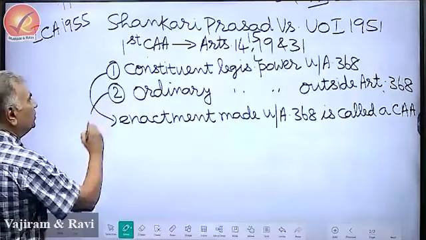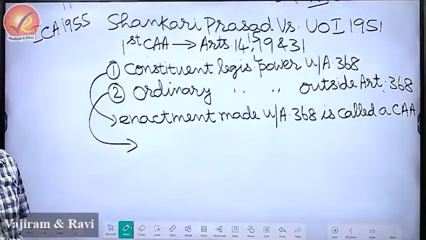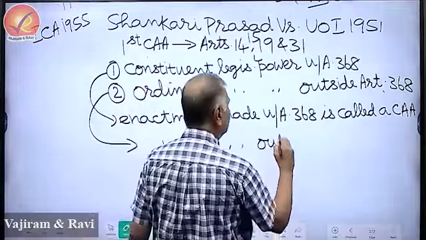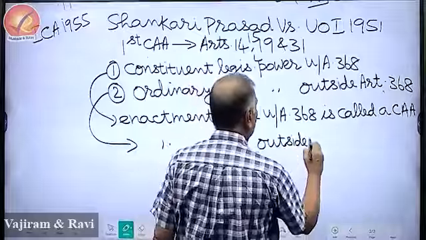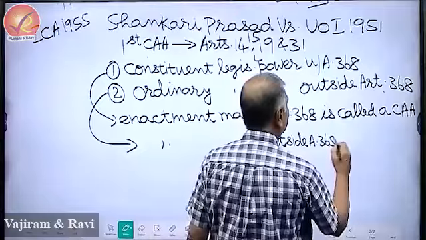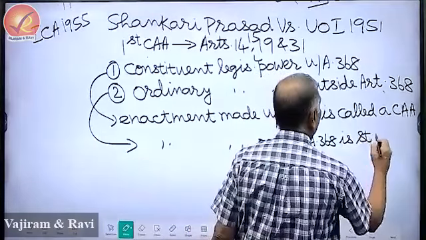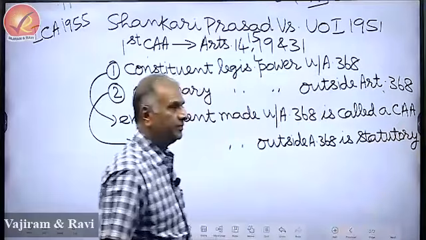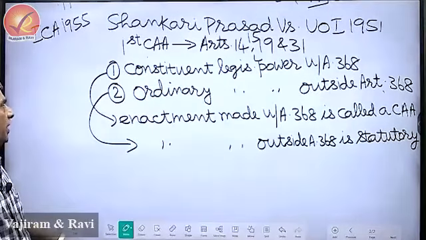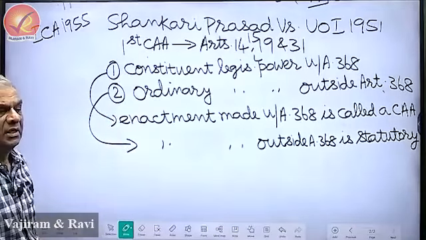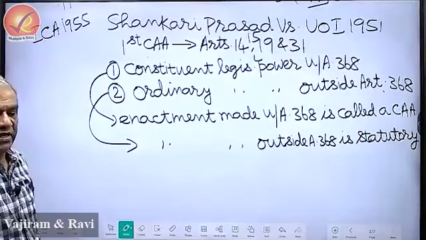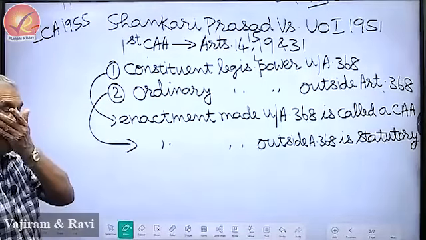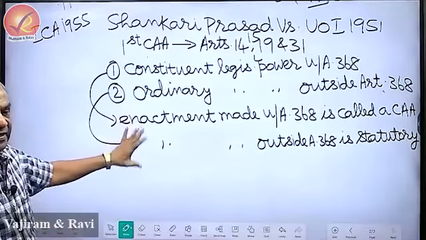And what is the name given to the ordinary legislation made by the Parliament? Any enactment made by the Parliament outside Article 368 is called statutory law. So that's the difference between these two. So it clarified these two.